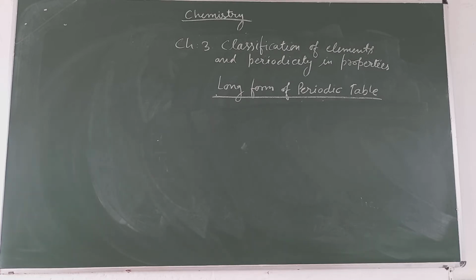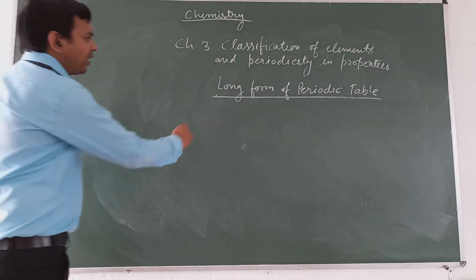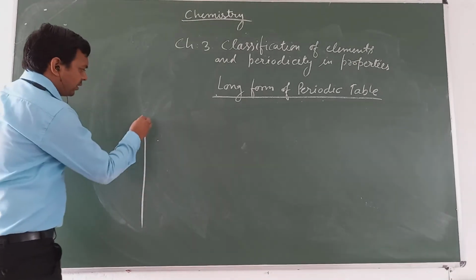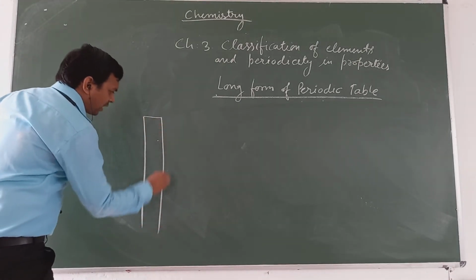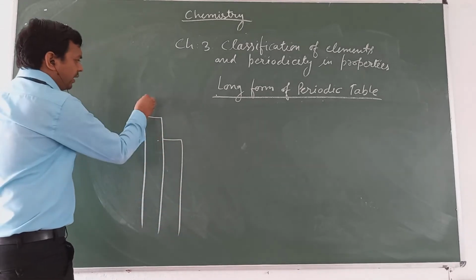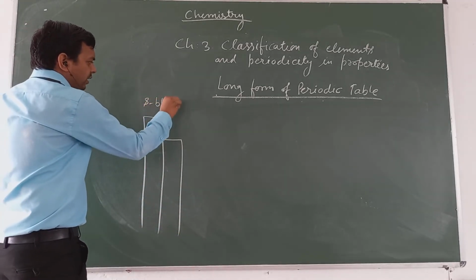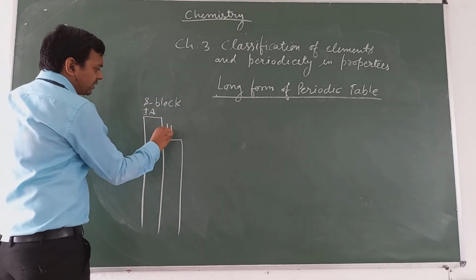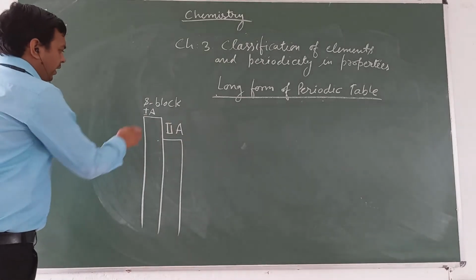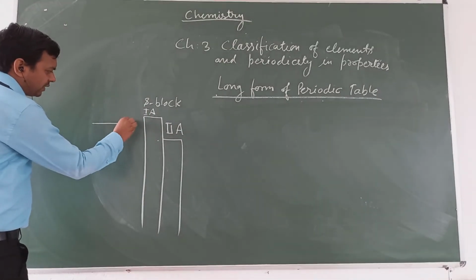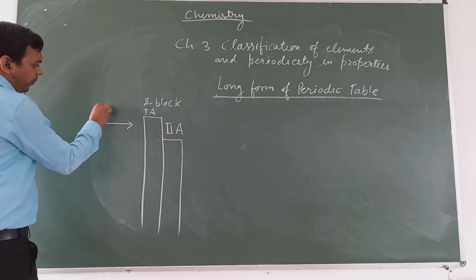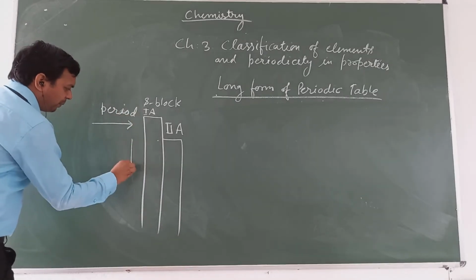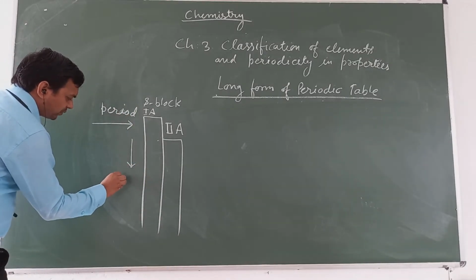Here is the long form of the periodic table. The left hand side contains the s block elements. The s block is divided into two parts, first A and second A. Left to right is period, and up to down is group.